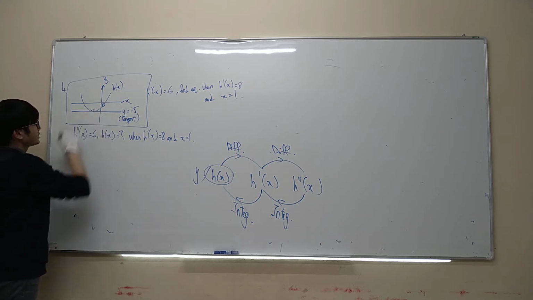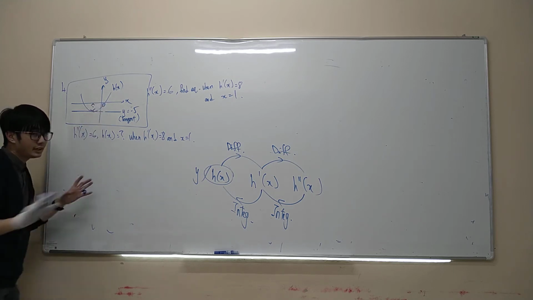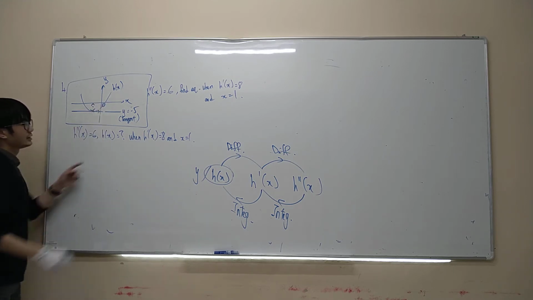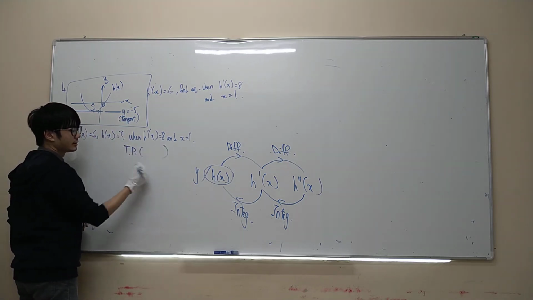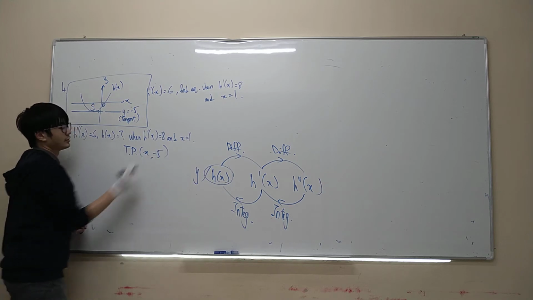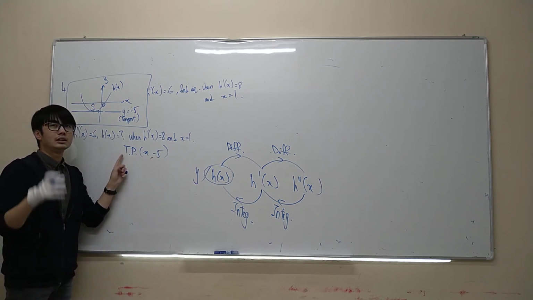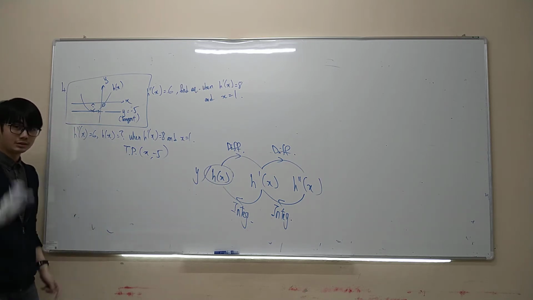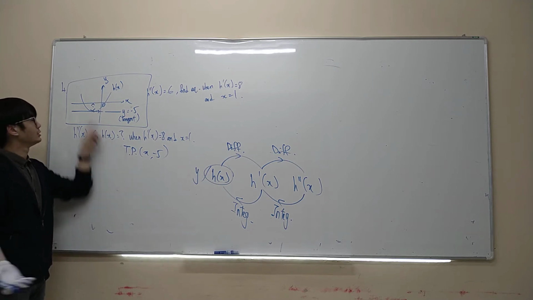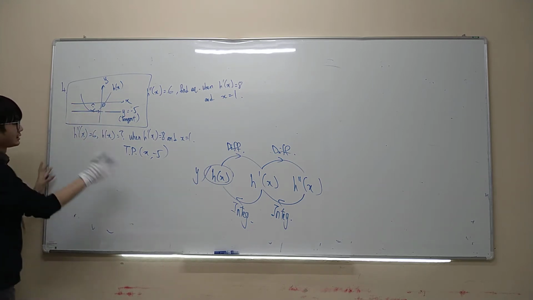You don't know the x coordinate, but you know the y coordinate, which is -5. It means the turning point would be something and then -5. Why is this important? Because to find the turning point, I can do dy/dx equals 0. You can write minimum point also, because this is a minimum point. So this is all the info.